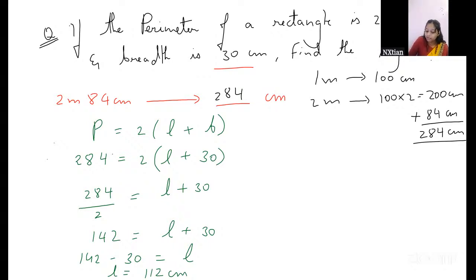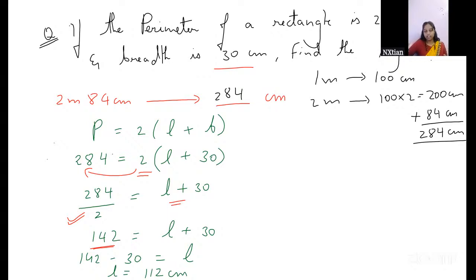This 2 that was here is outside the bracket, means it is in multiplication with L plus 30. So when I transport this 2 on my left side, it will become divide. And here we will only have L plus 30. When you divide 284 by 2, we will get 142, equals to L plus 30. Now, numbers on one side, variable on one side.